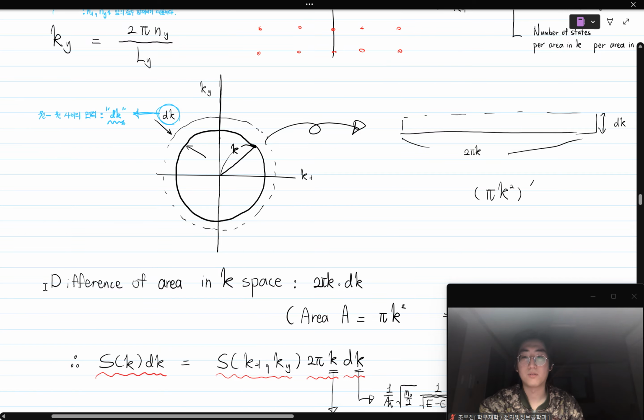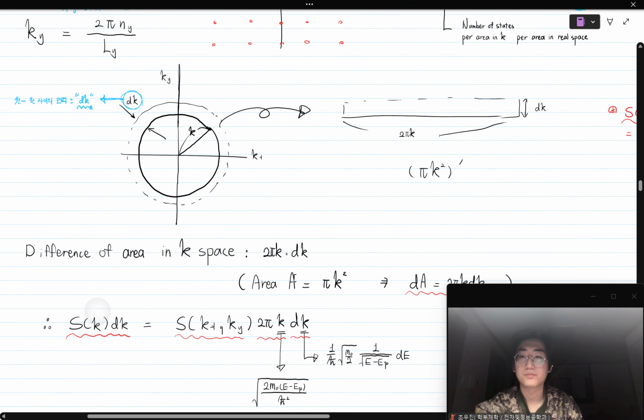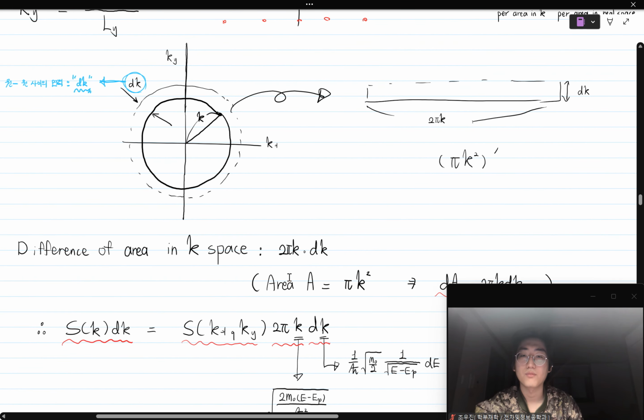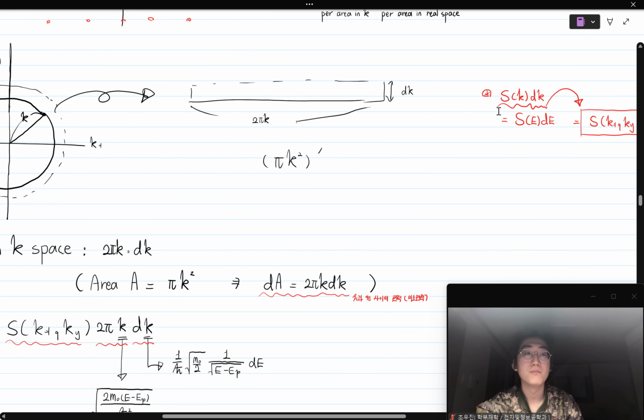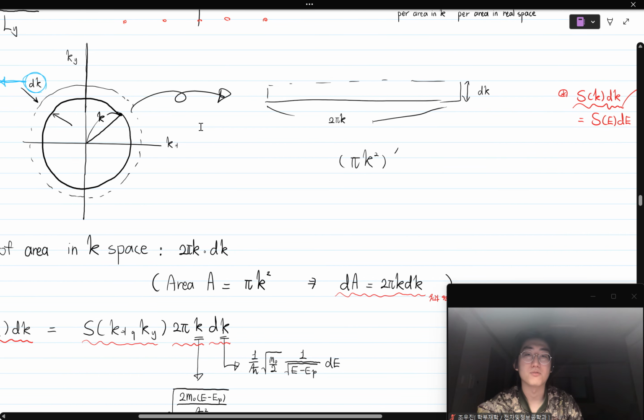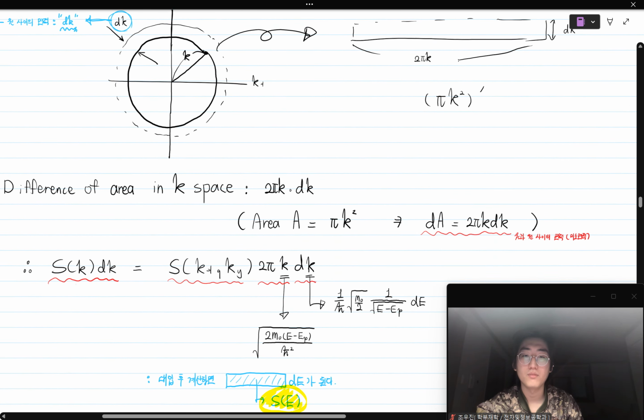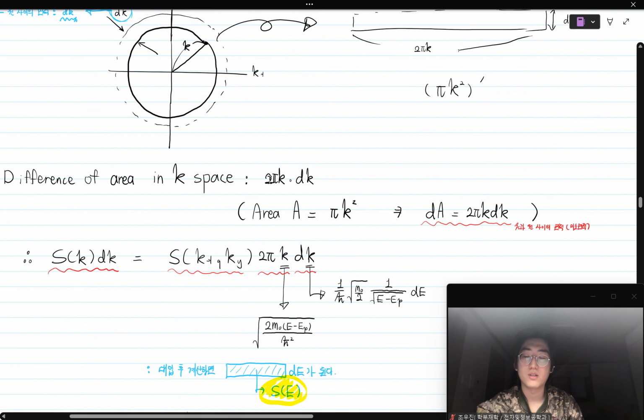Actually, the difference of area in K space can be written like this. We should know this area, so this area can be expressed as in this picture, and it can be expressed as this equation.